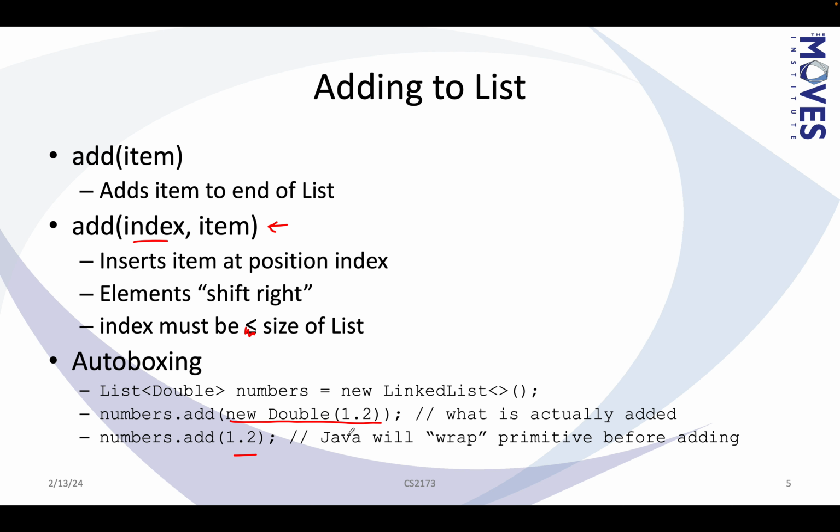You know, why is that useful? Because what that means is that the fact of only having the object wrappers as the contents is not an impediment to actually manipulating the numbers. In other words, if we want to just add a number, we add the number, and Java takes care of it under the hood.